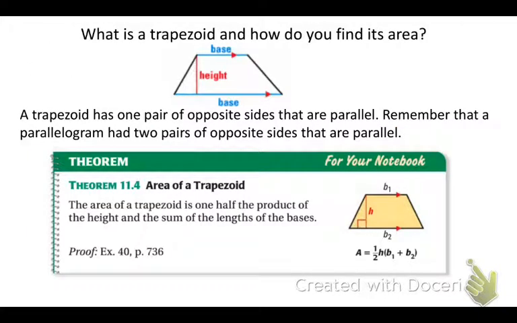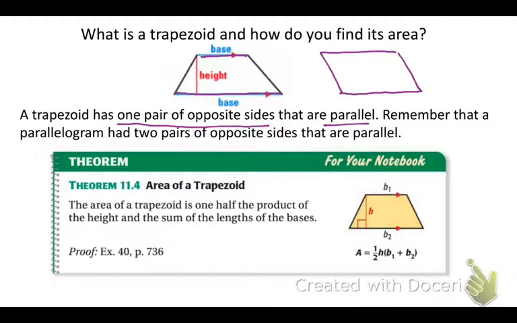Okay, so let's talk about trapezoids. What is a trapezoid and how do you find its area? A trapezoid has one pair of opposite sides, called the bases, and they are parallel. Remember that a parallelogram has 2 pairs of opposite sides that are parallel.